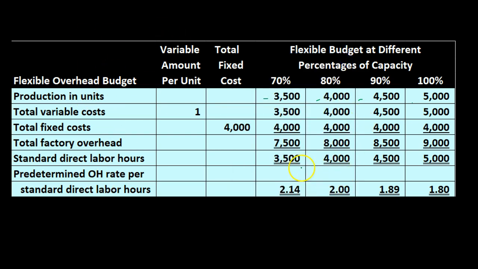Now, you'll note that this number includes both a fixed and a variable component. We have the fixed component and the variable component that's included in the predetermined overhead rate per standard direct labor hour that we're then going to use to allocate out.